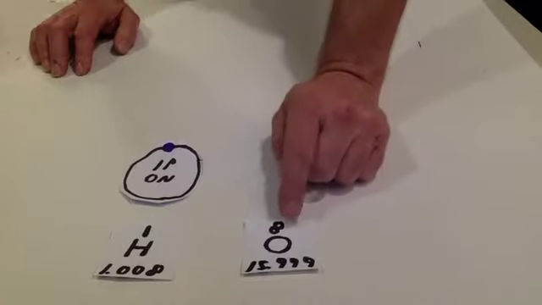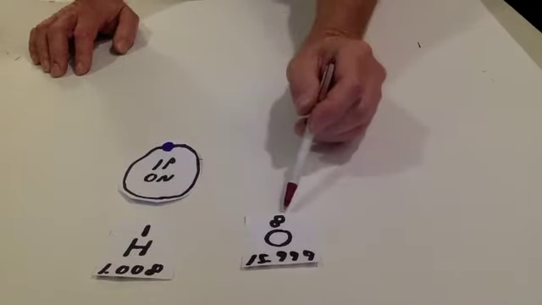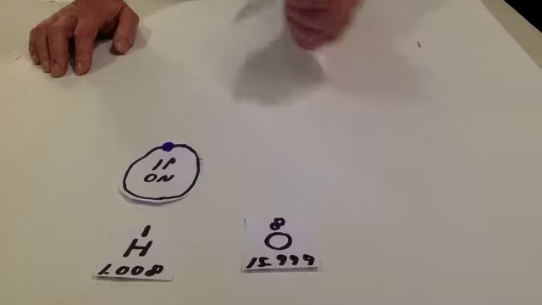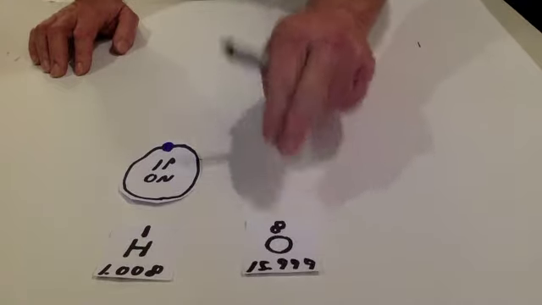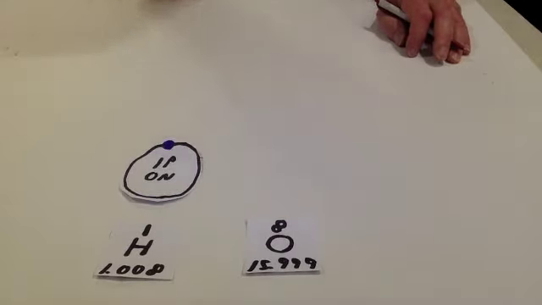When we look at the oxygen's atomic number, we see that it has an atomic number of 8. And again, because this is not an ion, it's an atom, it has a neutral charge, so the number of electrons will be equal to the number of protons. So it also has 8 electrons.